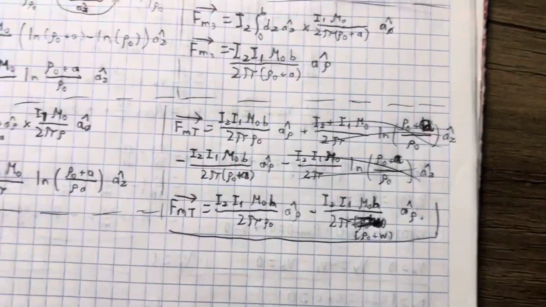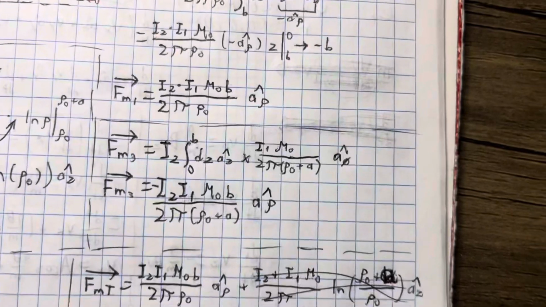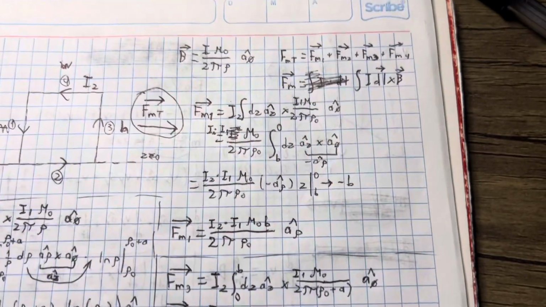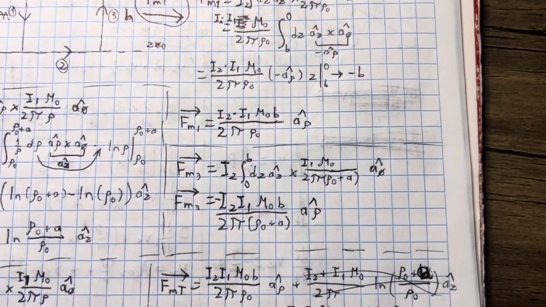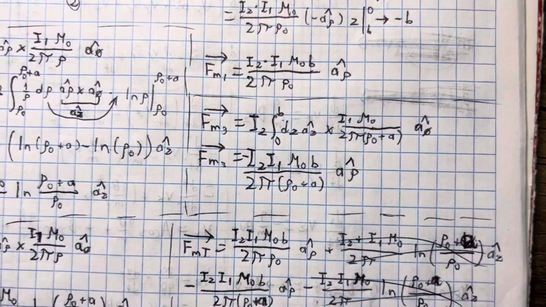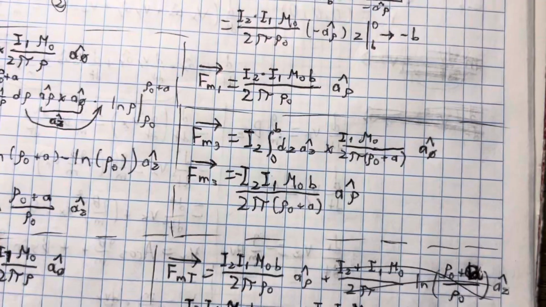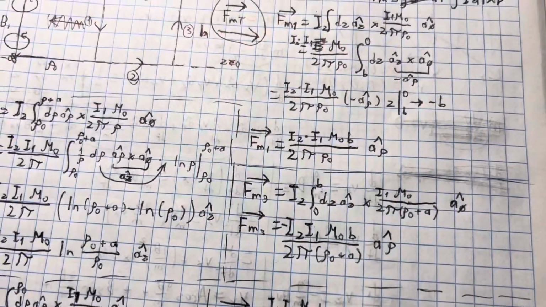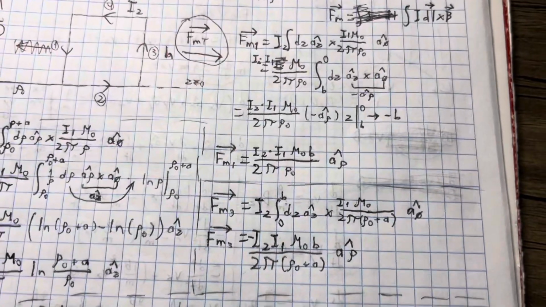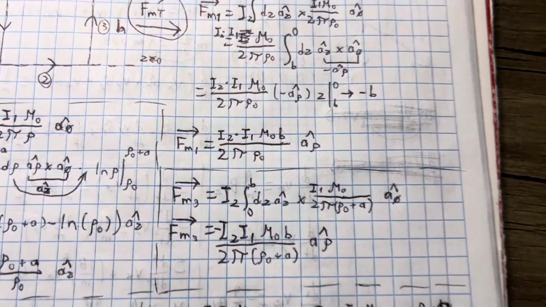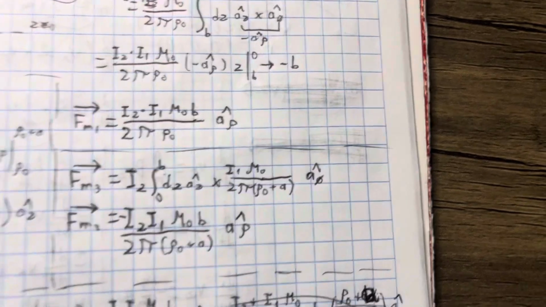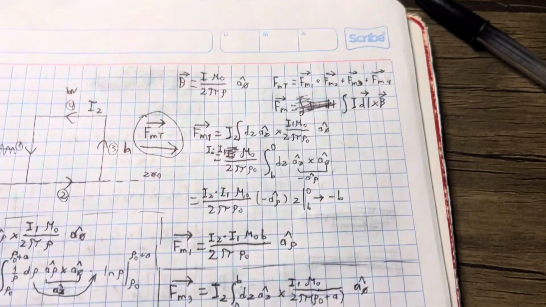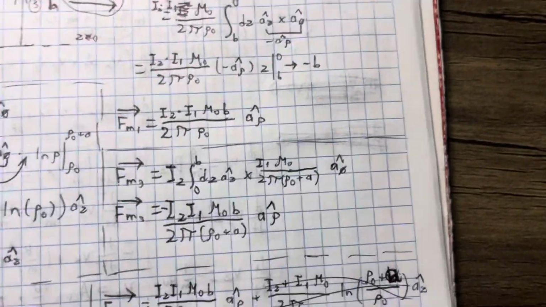Then for the force in segment number 3, it's basically the same as in segment number 1. It's just going to change the sign because of the integral limits. Instead of going from H to 0, it's going from 0 to H, and that's why the sign changes in this case. Also, the rho changes in this case.